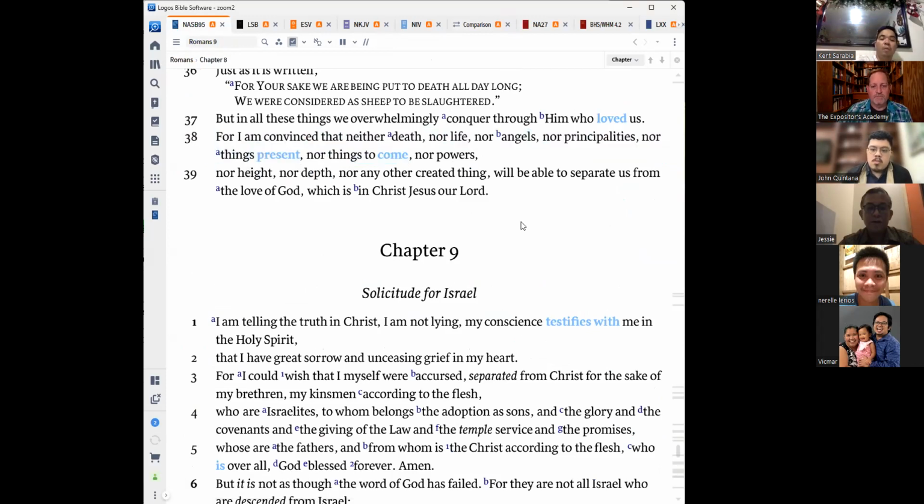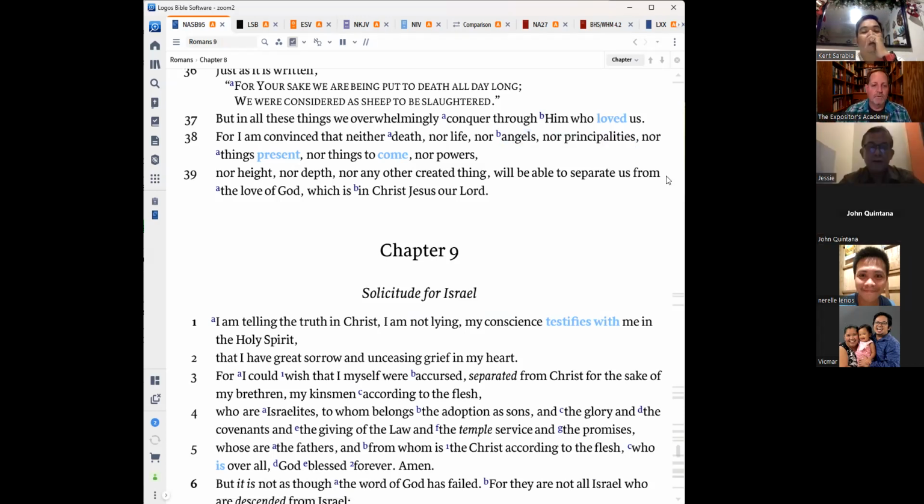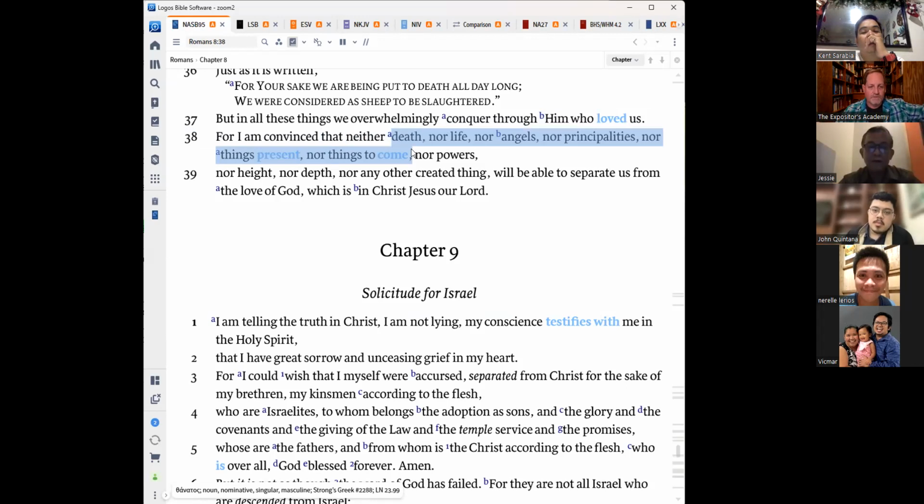All of those are merisms, where he's giving two things that are sort of opposites. Angels and principalities: angels are the holy angels, principalities is a reference Paul uses for demons. Death nor life, those are at two ends. Things present, things to come, those are two ends. So he uses all these merisms.